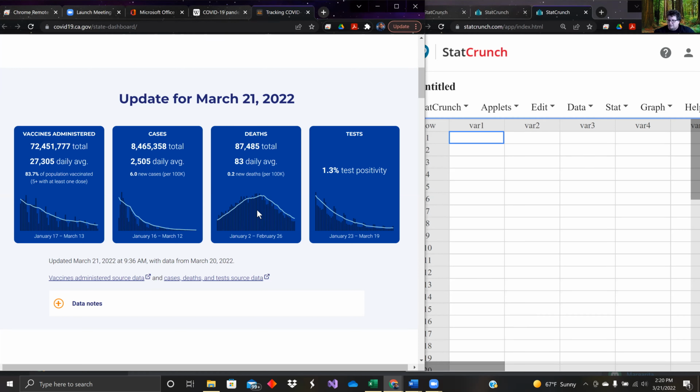But still, in terms of what we're looking at, the death rate, it works. So in my calculator, I calculate 87,465 divided by that 8 million figure, and I am getting 0.010332, which is 1.0332%.